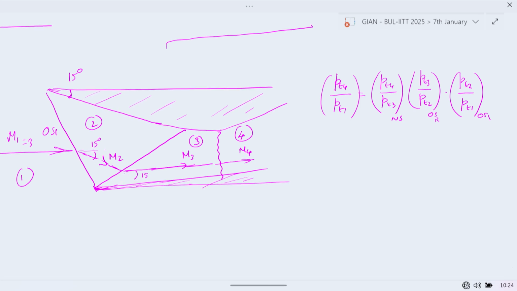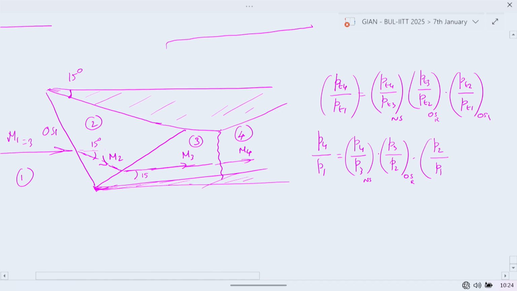So that is question number 1. What is the overall static pressure ratio? What is P4 by P1? It is again P4 by P3 happening over the normal shock, P3 by P2 happening over the reflected oblique shock, and then P2 by P1 due to the oblique shock 1.